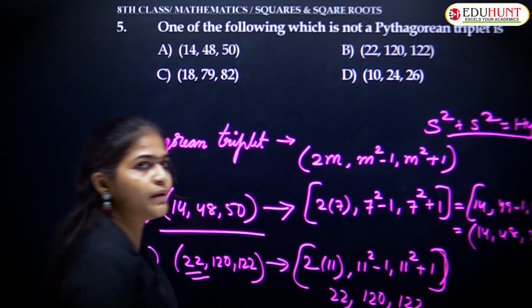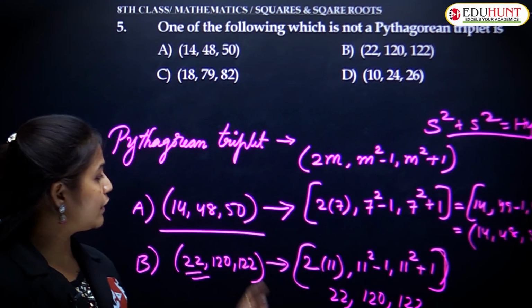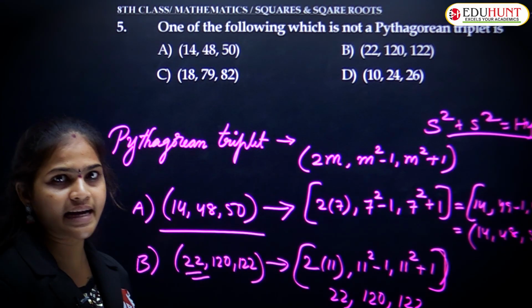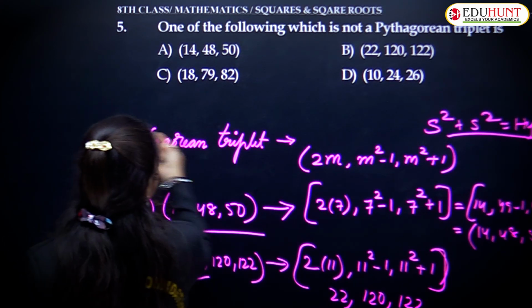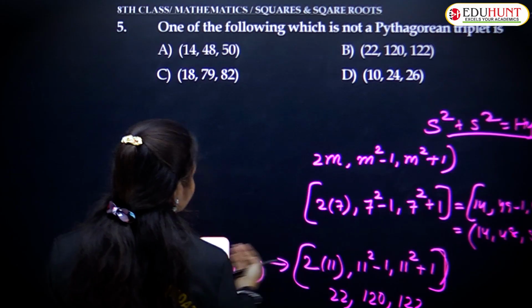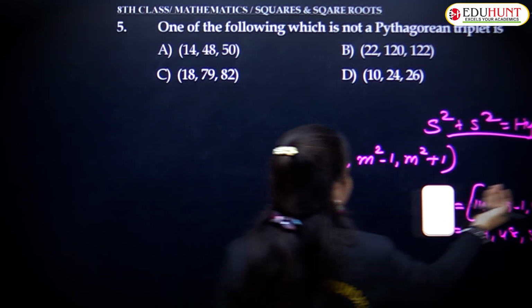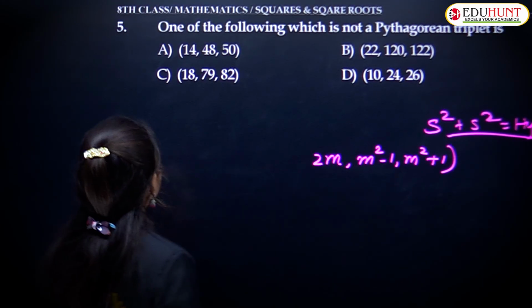So 22, 120, 122. Again we are getting it, satisfying that. Next check the third one.